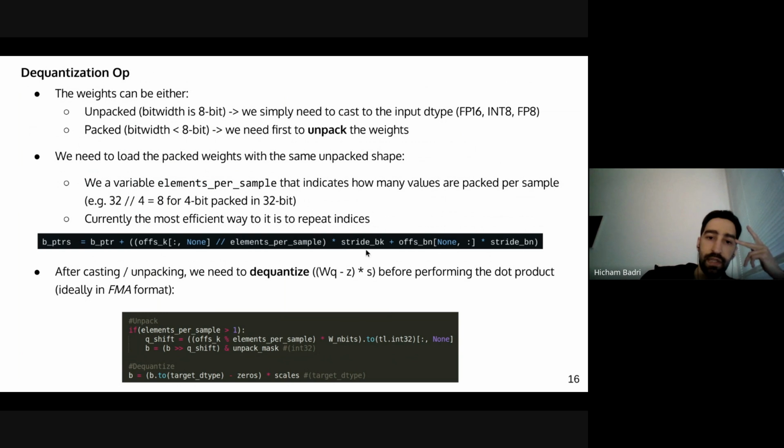So this is the preferred way of doing it. And the dequantization and unpacking: the unpacking is just some shifts, right shift and an AND operation, and dequantization, as I said, you can do in a single instruction with the FMA format. So you would do B multiplied by scales plus zeros.